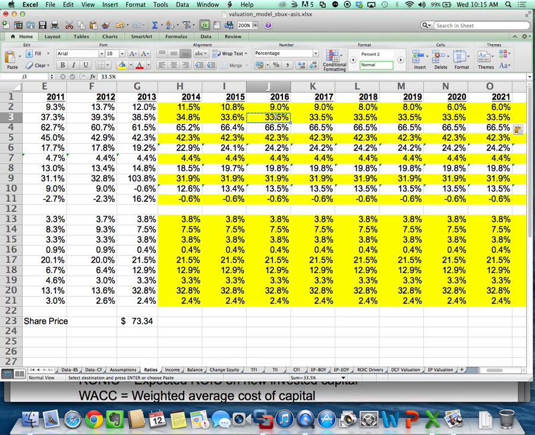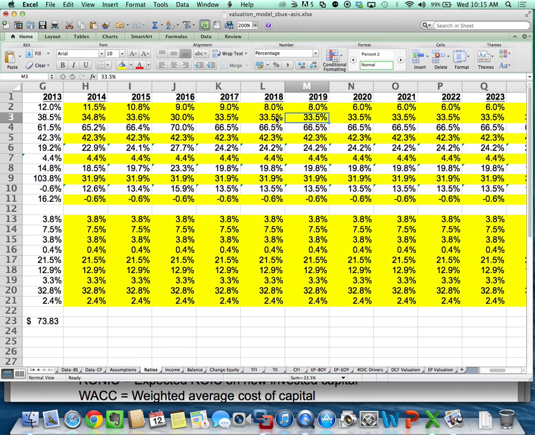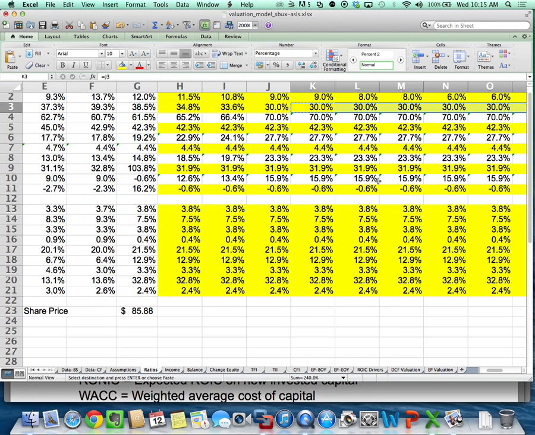By the way, 33, more like 30. There we go. So now we're talking about operating margins in the low 20s.